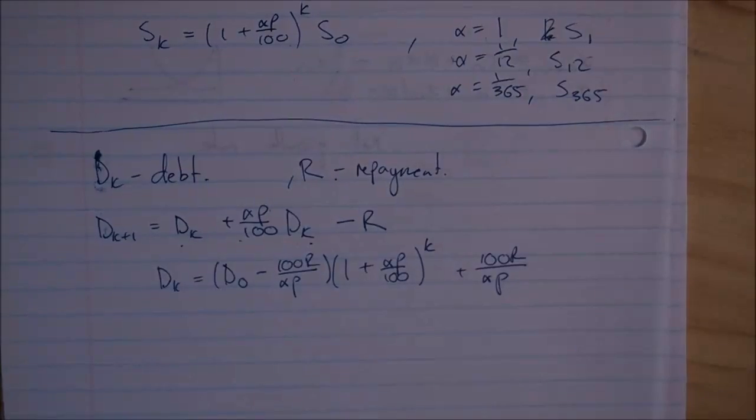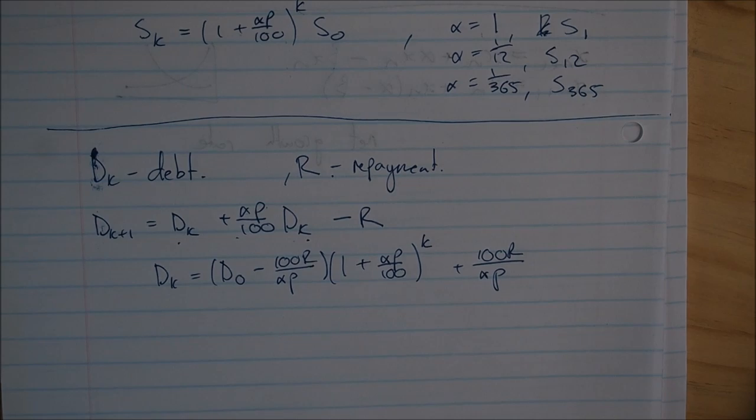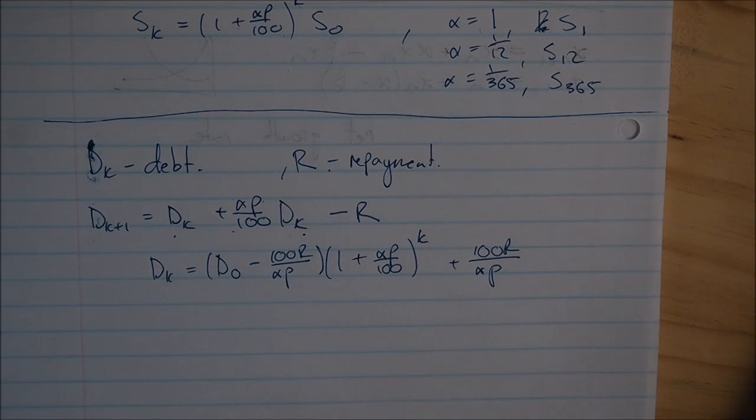Okay, so that covers the section on interest and debt repayment, and the next section we're going to talk about is spread of disease and how we can model this using difference equations.